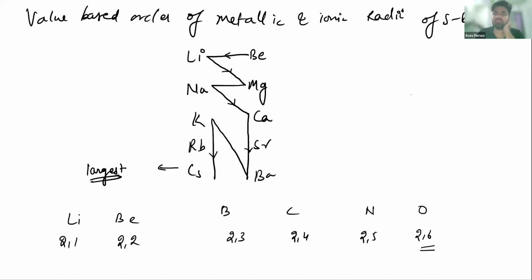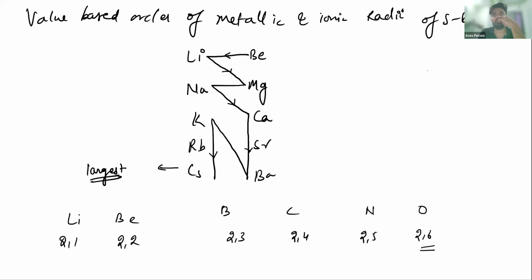And similarly, if I talk about their ions, the ions are going to have the same pattern. For example, which is going to have the maximum? So here we have lithium, beryllium, magnesium.